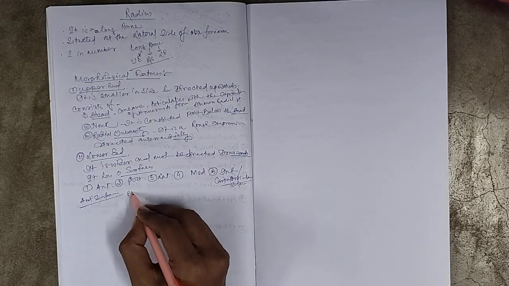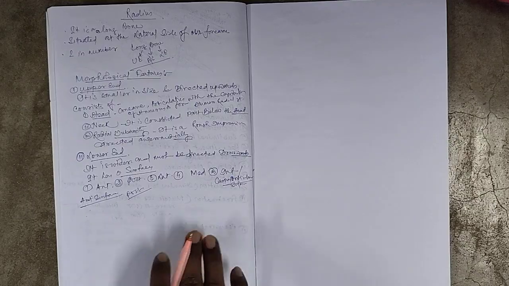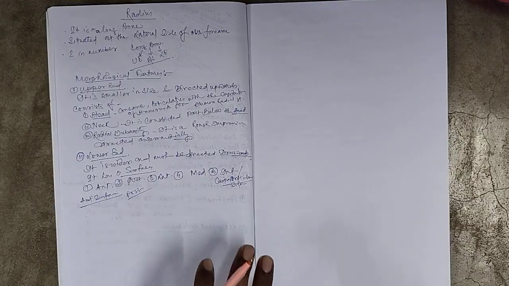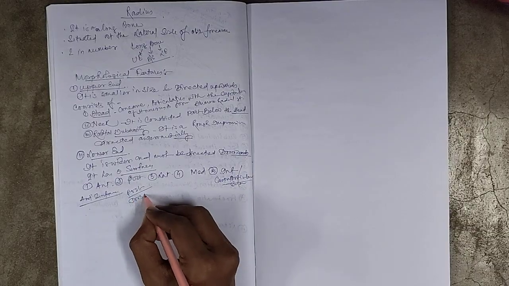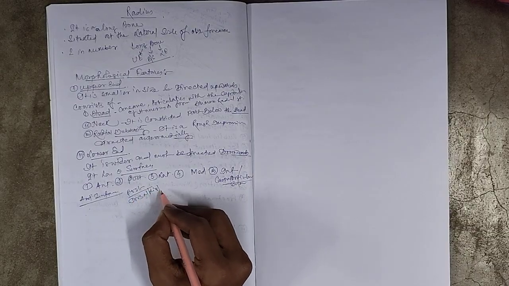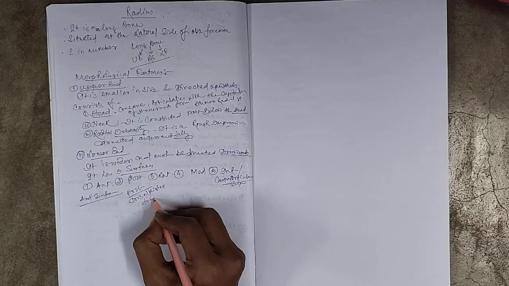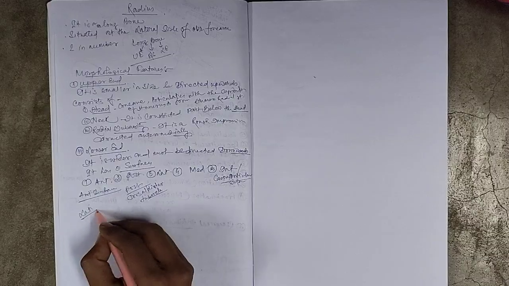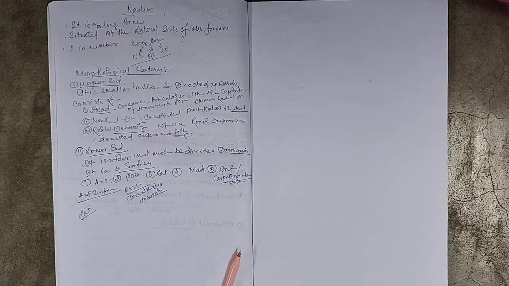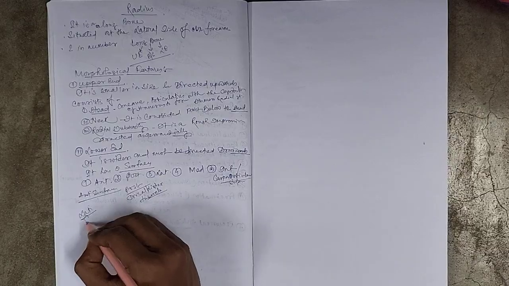And the posterior surface is the continuation of the posterior surface of the body, and there is a tubercle which is known as the dorsal or Lister's tubercle. And on the lateral surface, there is a bony projection known as the styloid process.